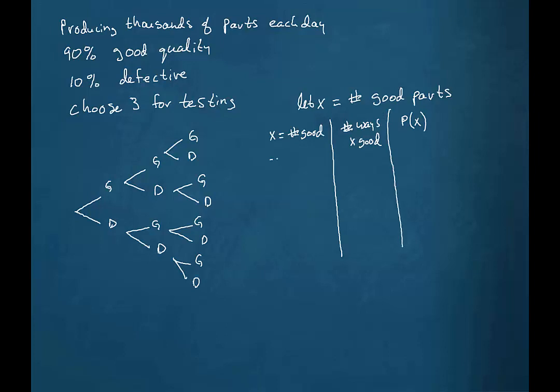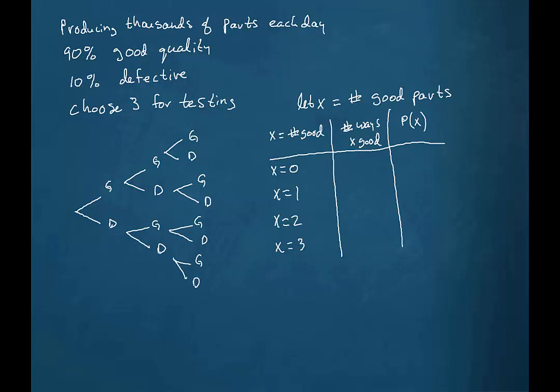So this is just like a probability distribution, but we've added a column here where we're putting the number of ways that we could get those good parts. So x could take on the value of 0, 1, 2, or 3. I'm choosing 3 this time.